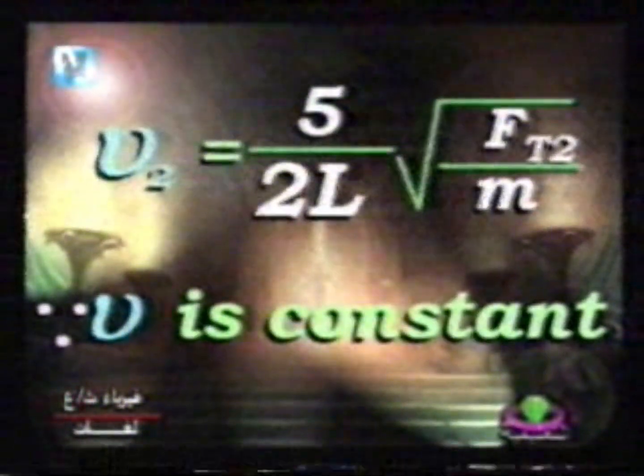Since nu is constant, 4 over 2L root Ft1 over m equals 5 over 2L root Ft2 over m. We can cancel the mass per unit length from the two equations and the length of the string. Therefore we get 4 root Ft1 equals 5 root Ft2. Therefore Ft1 over Ft2 equals what? 25 over 16. This is the first required.